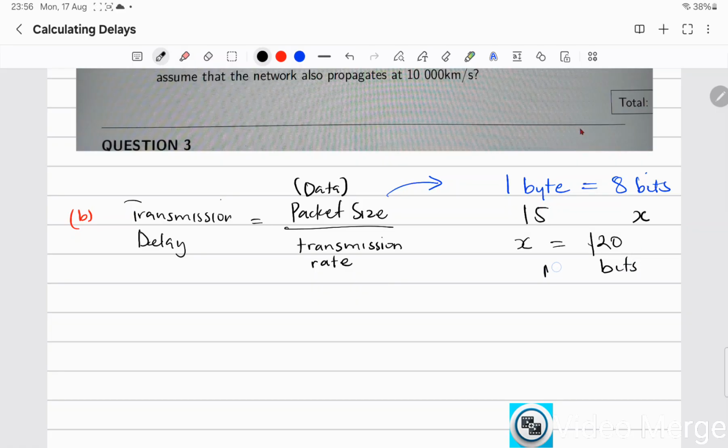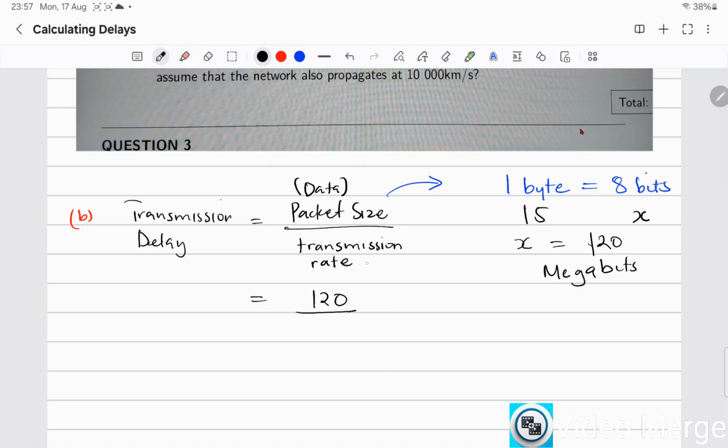So whenever we're dealing with packet size or data and the transmission delay, if we're given MB, we need to change it from megabyte to megabits. This is what we did here in our case. So here we're going to have 120, and then the transmission rate.